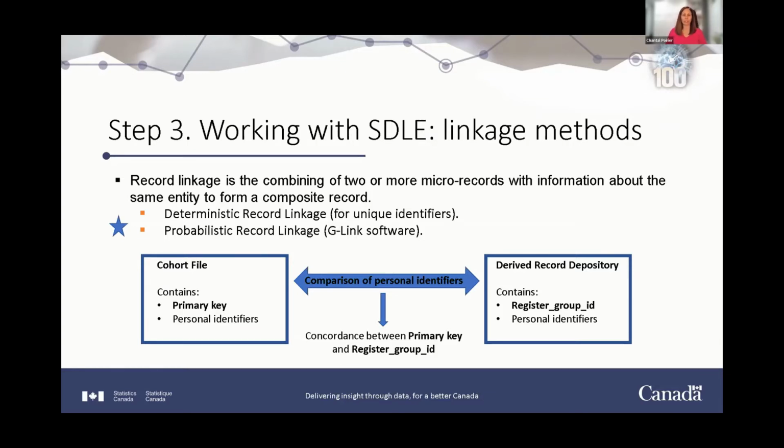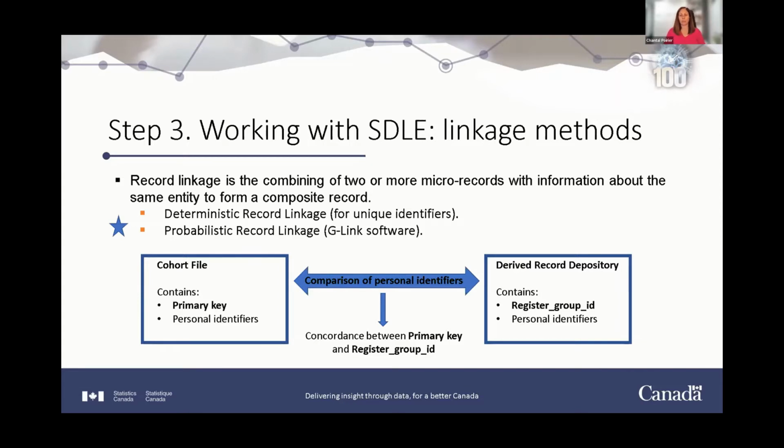Unfortunately, such unique direct identifiers aren't available on files often. This is why SDLE usually conducts probabilistic linkages, as shown on the slide, in the left box. With probabilistic record linkage, personal identifiers of a cohort file, such as name, date of birth, address, are compared to personal identifiers contained in the Social Data Linkage Environment derived record depository, the DRD.